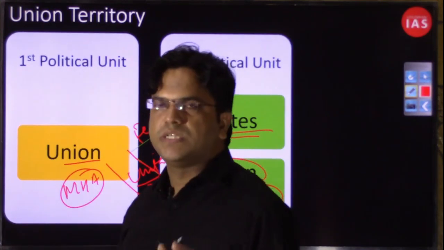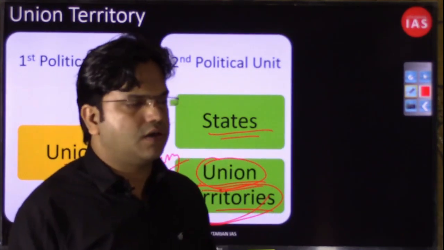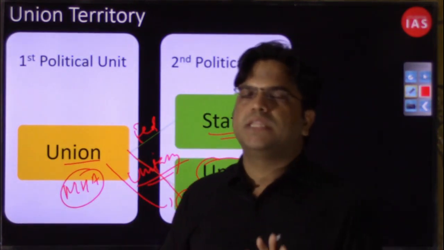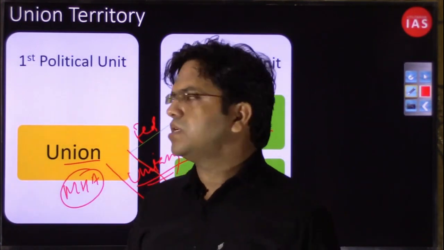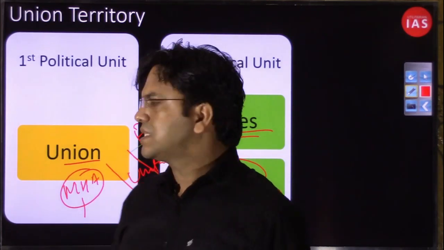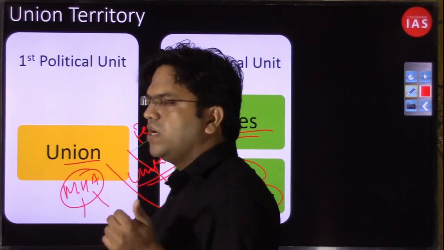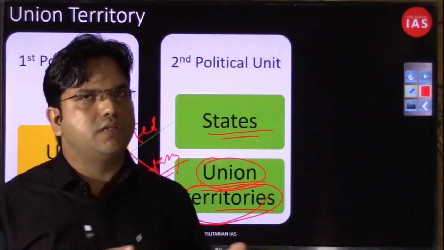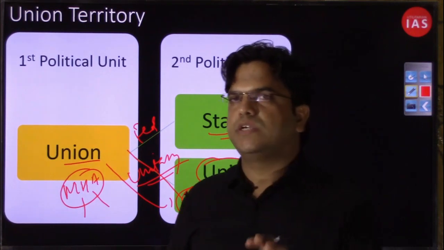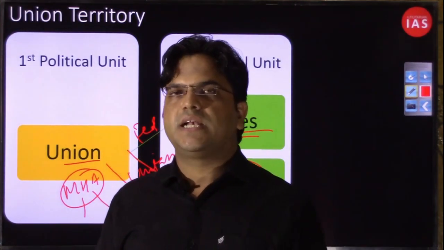You can talk about the status of New Delhi, you can talk about the status of Jammu and Kashmir, that they do have their assembly, but that is a nuanced part that we'll discuss later in this video. When we delve deeper, we'll discuss the classification, that there are 3 union territories which have been given a special position whereby they have their own legislature.